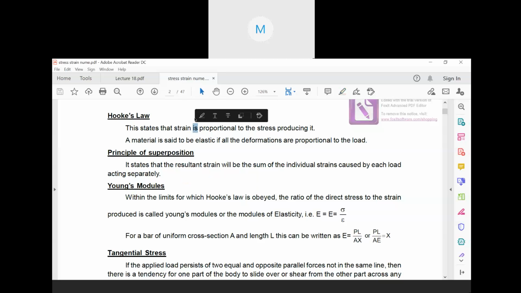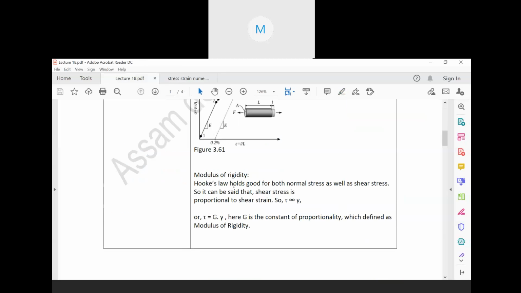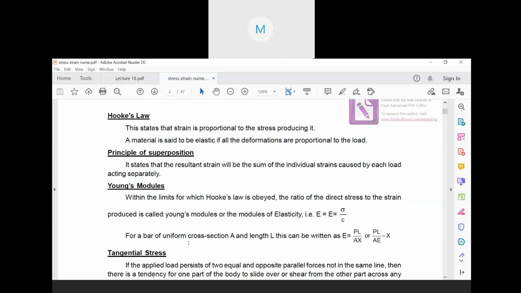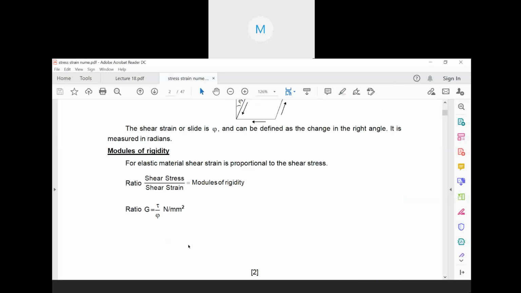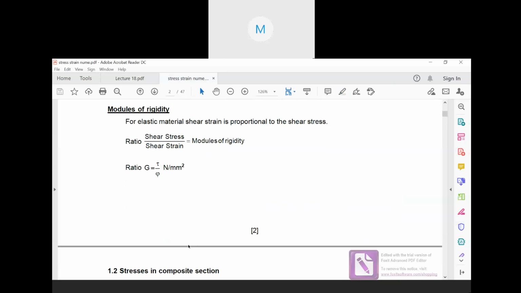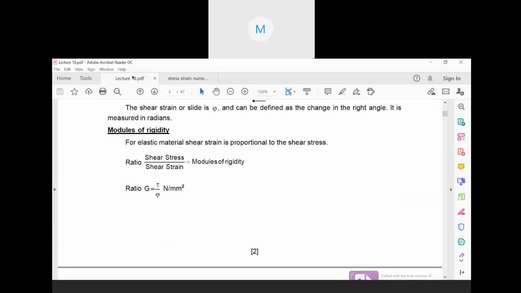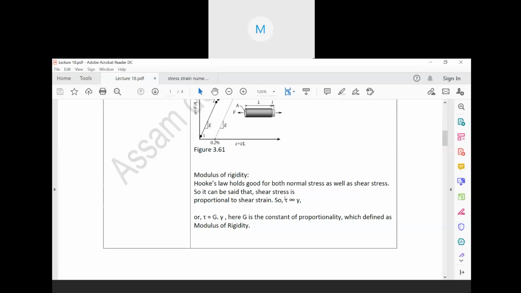Sir. So after that, we have modulus of rigidity. It means shear stress is directly proportional to shear strain. In previous classes, we discussed shear stress and shear strain.